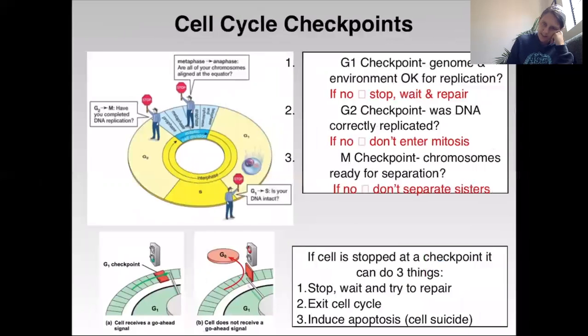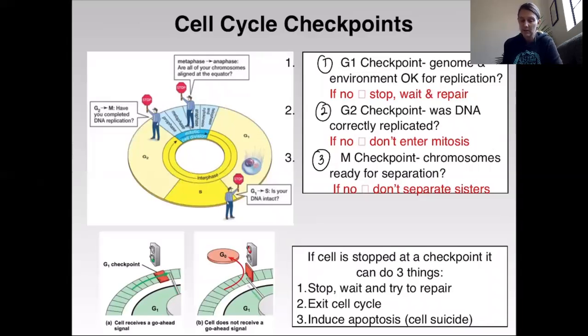The first one is these cell cycle checkpoints. There are 3 checkpoints in the cell cycle, and those checkpoints are meant to make sure a cell is ready for division. Number 1 is called the G1 checkpoint. It asks, is the genome and the environment okay for DNA replication, right?